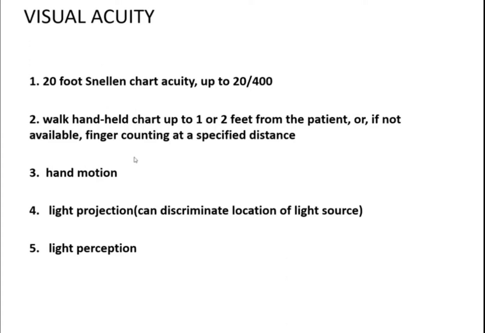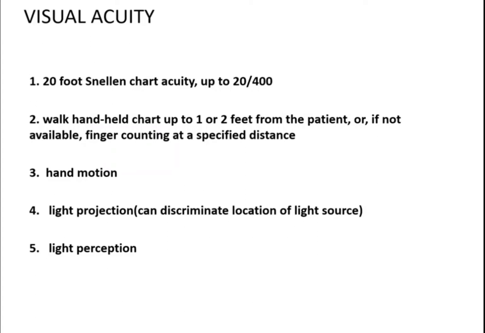And then hand motion, whether they can visualize hand motion, light projection, whether they can discriminate where the light is projecting from, for example, from the left, the right, or from the top or the bottom. And light perception is whether they can even perceive any lights coming towards them. So these are some other ways of indicating visual acuity.